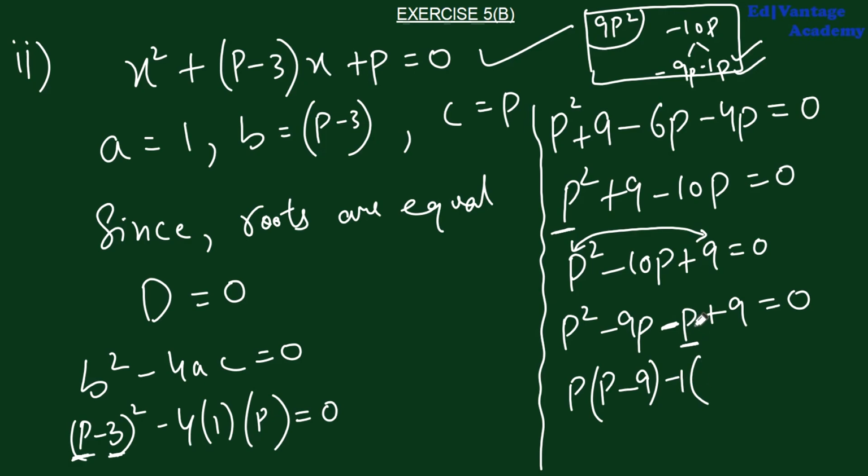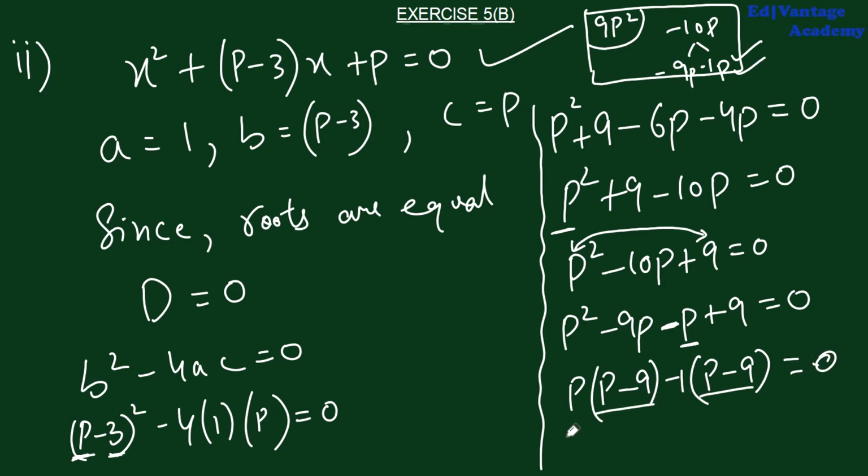What is remaining here? 1 into p is p, minus 1 into what gives 9? Minus 1 into p is minus p. Minus 1 into what will give you plus 9? Minus 1 into minus 9 will give you plus 9. So remember it's plus 9, but here we got minus 9. Why? If I open the bracket again, minus 1 into p is minus p, minus 1 into minus 9 is plus 9. Or you can remember like this, minus into this plus is minus, is equal to 0.